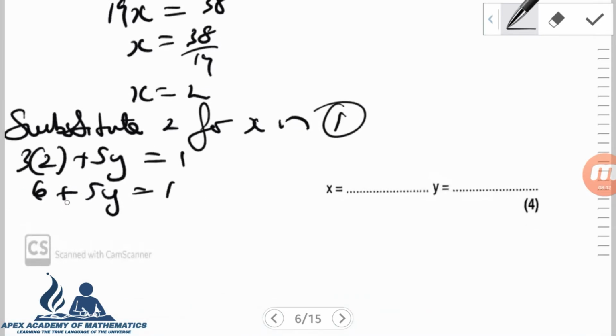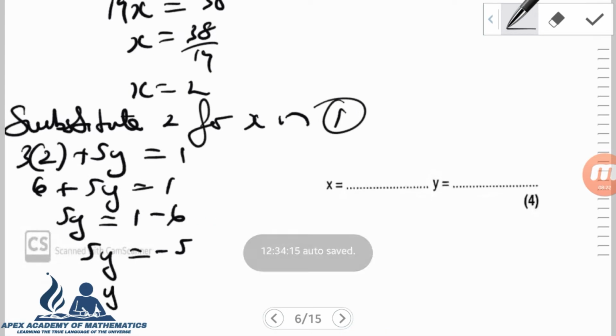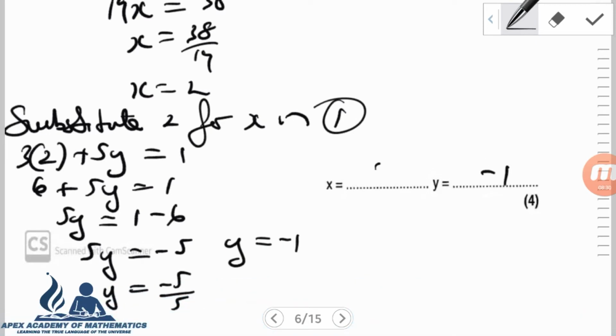Subtracting 6 from both sides, 5y is equal to 1 minus 6, which is -5, and y is equal to -5 divided by 5. So easily we get y is equal to -1. So y is equal to -1 and x is equal to 2.